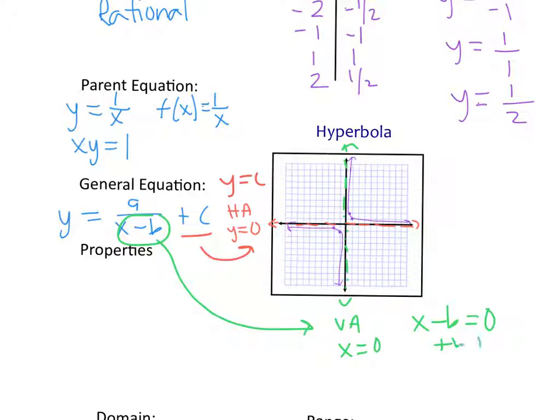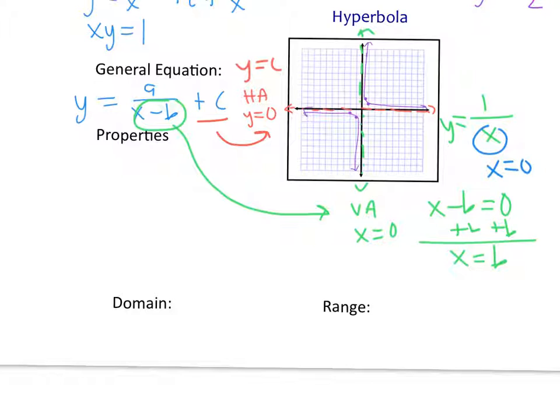Add b to both sides, x equals b. So whenever we have a value in our denominator, either adding or subtracting with our x, that is just going to be the vertical asymptote. Here, we just had y equals 1 over x. So if we just set that denominator equal to 0, x would equal 0, that actually is going to be our vertical asymptote.